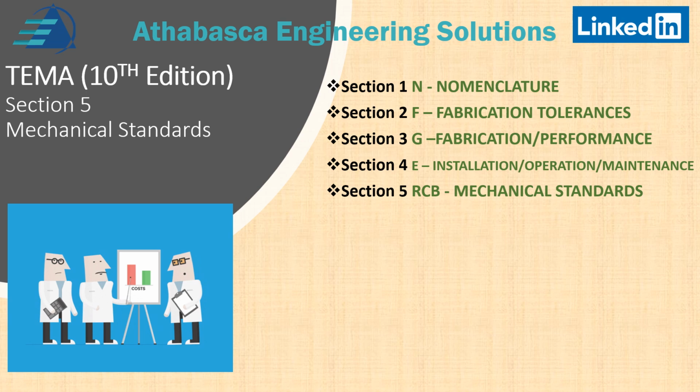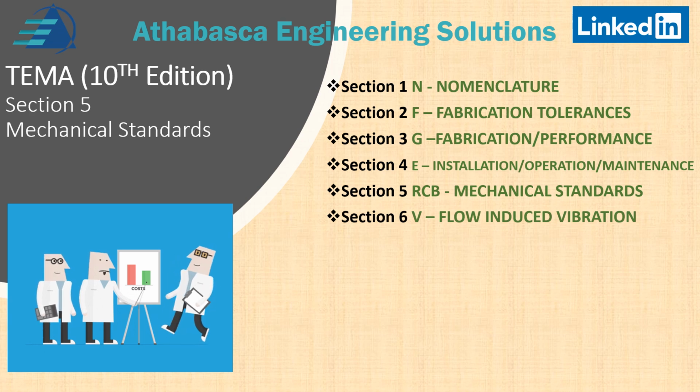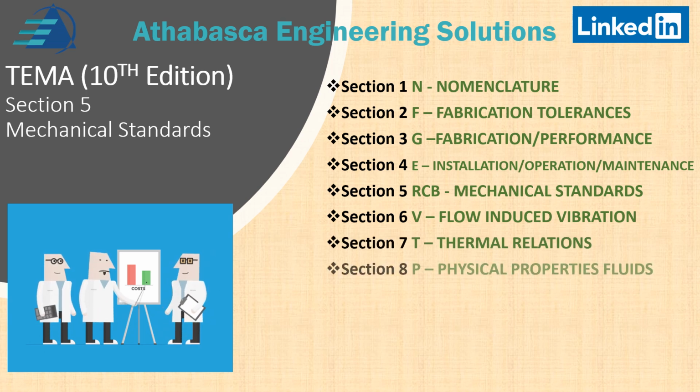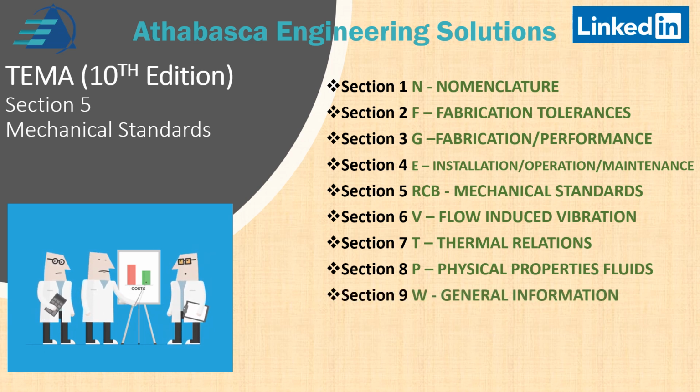And 5, which is what we're focusing on, is mechanical standards. And 6 is an interesting section called flow induced vibration. 7 is thermal relations, and 9 is the physical properties. And W is general information.